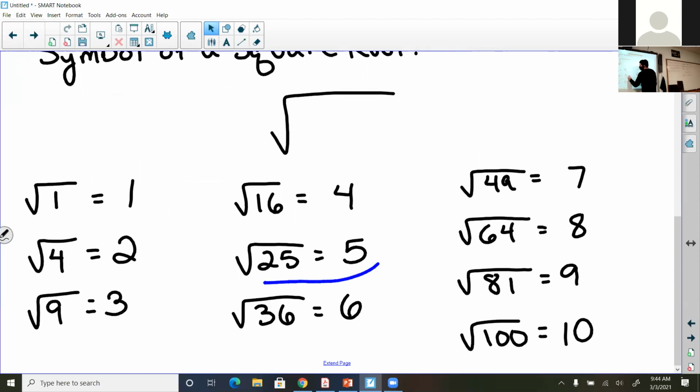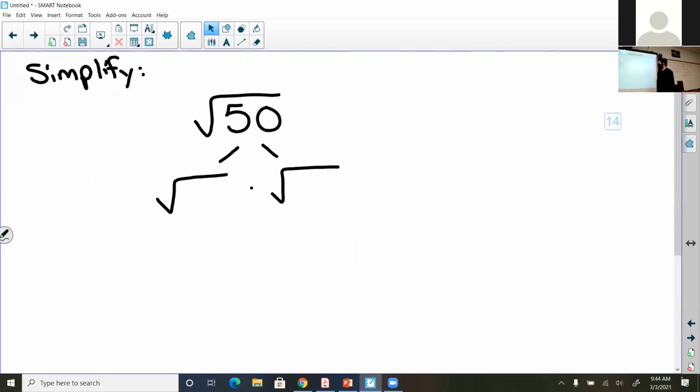And one that jumps out is the square root of 25, because 25 times 2 is 50. So I'm claiming that the square root of 25 times the square root of 2 is the same thing as the square root of 50.